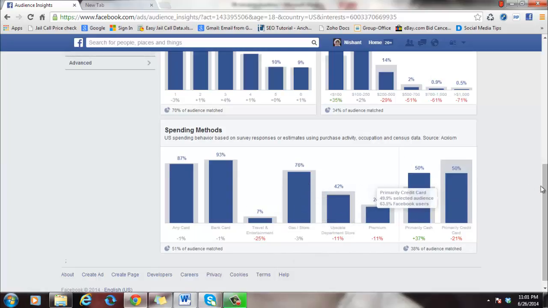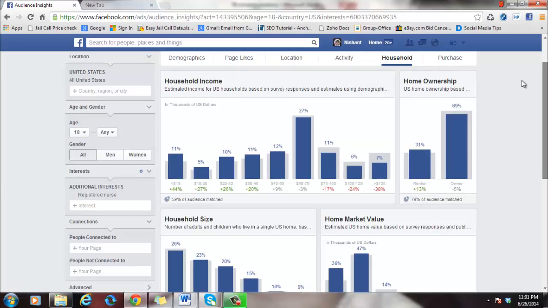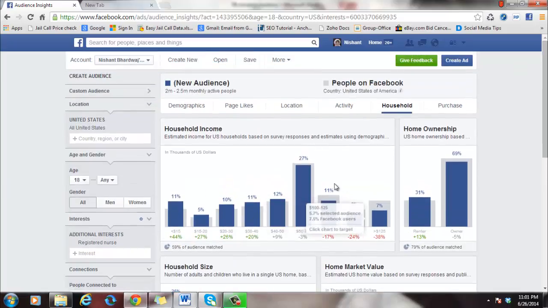So this right here is the target that you want to go after, because they spend primarily with credit cards. So again, you get some really good information on your demographics, and especially if you're running some CPA offers, digital products or other forms of physical goods, this information becomes very powerful.